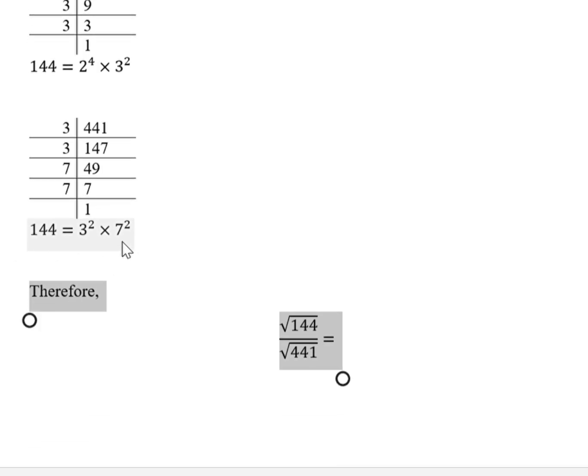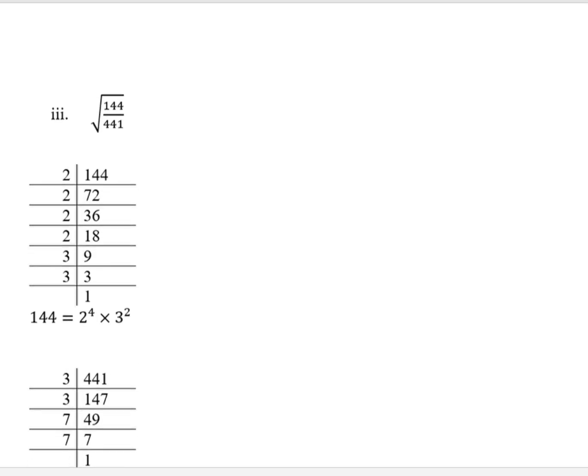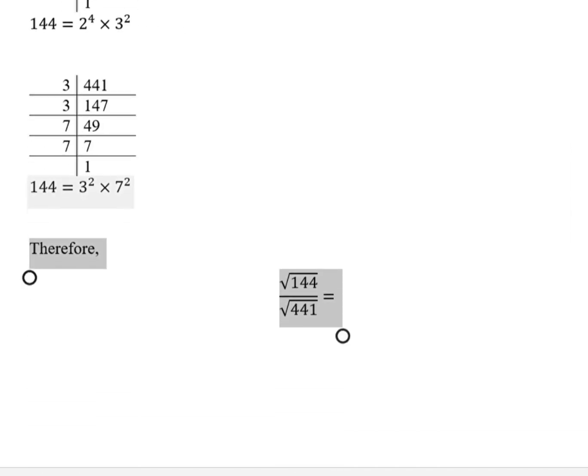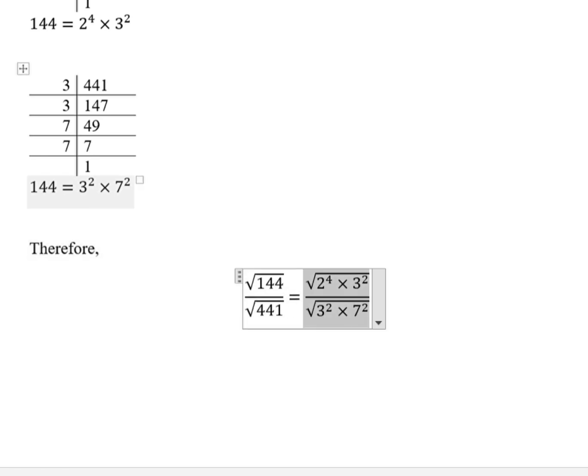Now I've written the original question, 144 over 441, as a multiple of its prime factors: 144 is 2 raised to power 4 times 3 squared, and 441 is 3 squared times 7 squared. Now divide the powers by 2 in both cases.